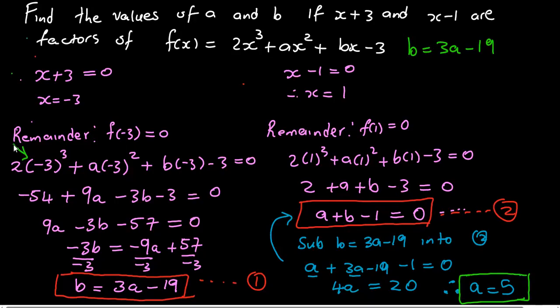But the good news is that we already know the value of a. So where there's a, we substitute 5: 3 times 5 minus 19. Therefore, what is the value of b? We can find on the calculator that the value of b is minus 4.